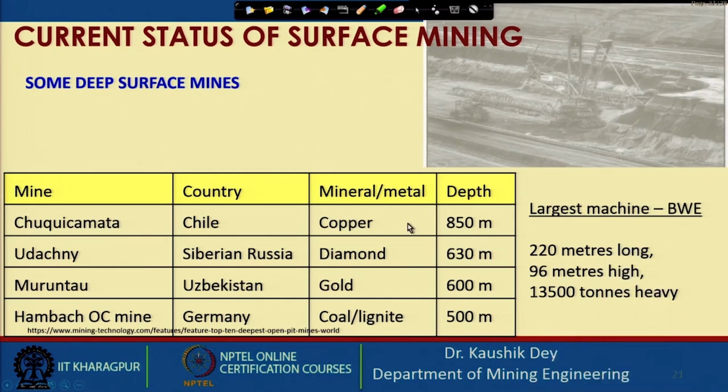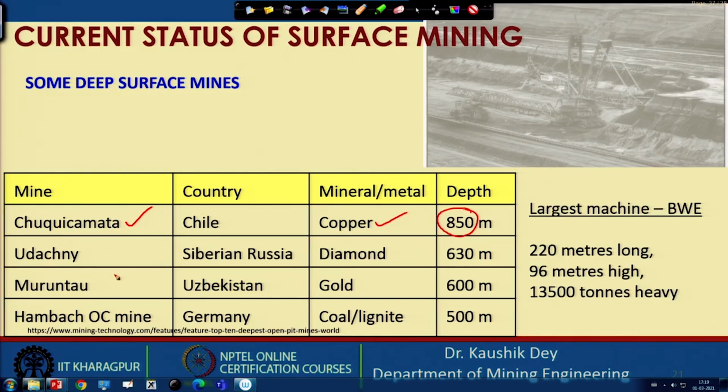Now, let us have a little bit of idea about the notable mines of the world. This is the second deepest mine, Chuquicamata, that is also a copper mine, 850 meter deep.